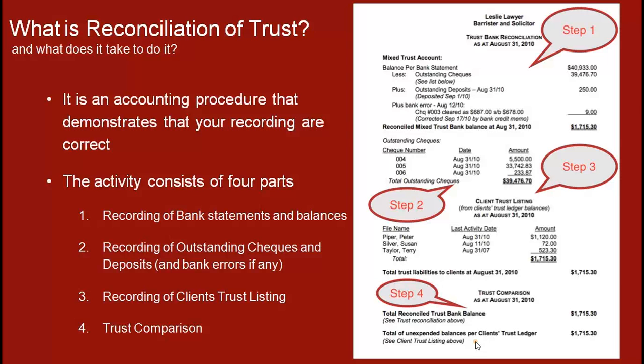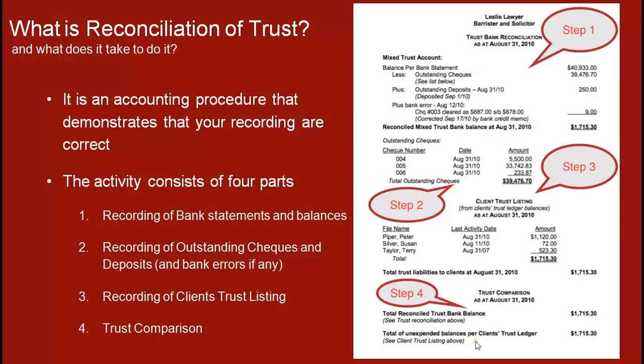Okay, that what you have in the bookkeeping software is close to what you have in real life. And if there are anomalies, which is fine, that's where we move to the next step, recording of the outstanding checks and the deposits and any bank errors that there may be.